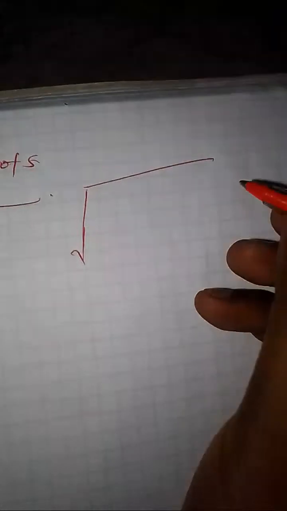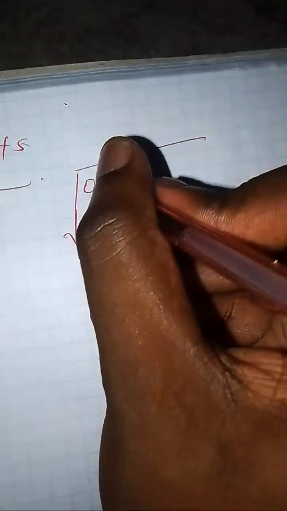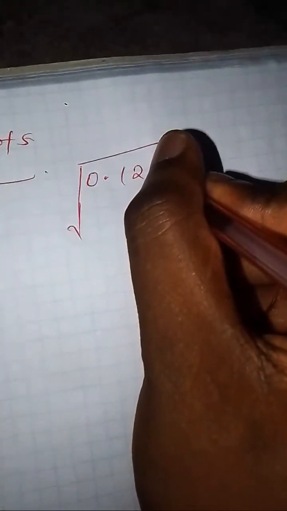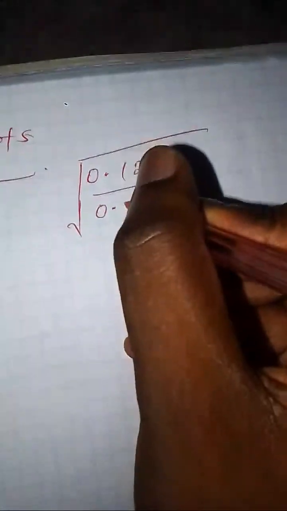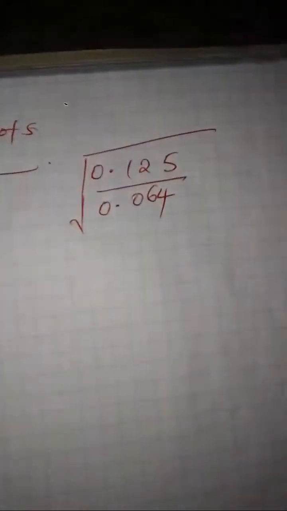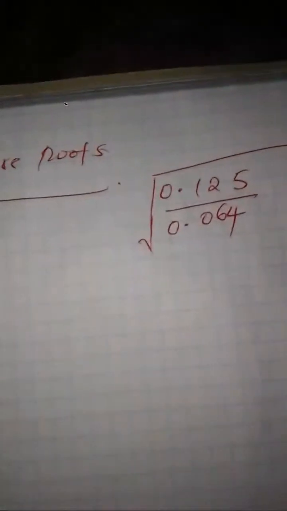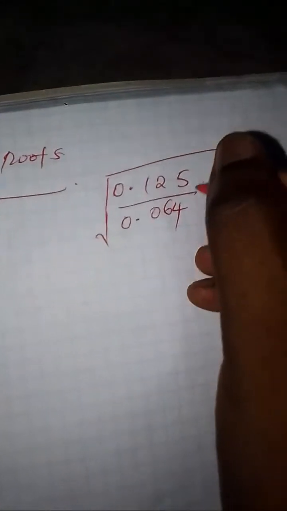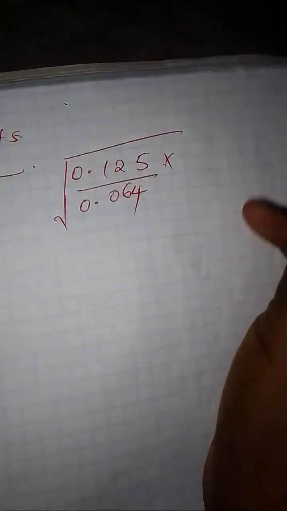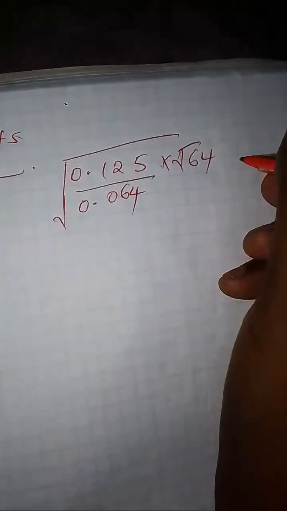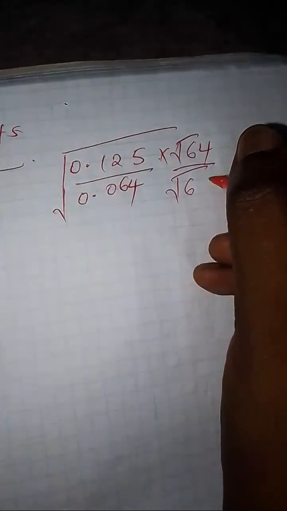We have the square root of 0.125 all over 0.064 multiplied by the square root of 64 all over the square root of 629.